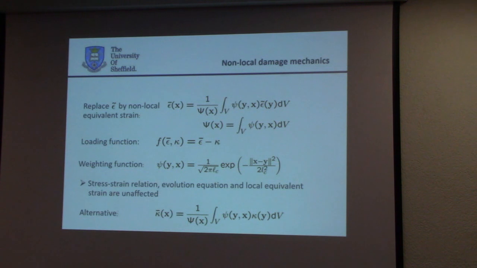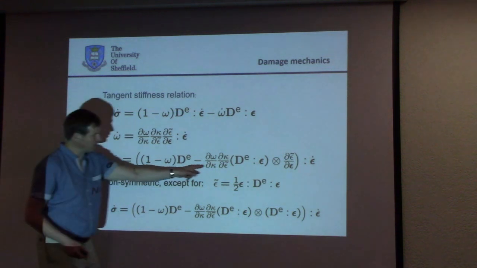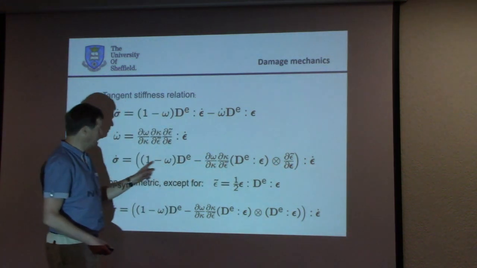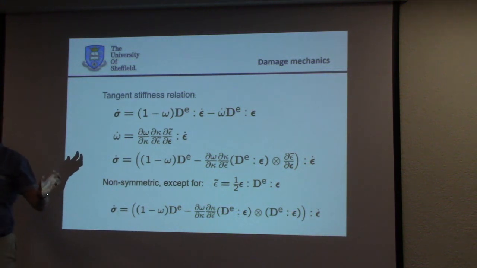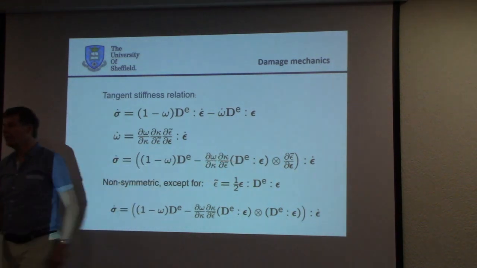Now we go to the non-simple bit, the non-local damage mechanics. And I told you that damage mechanics becomes ill-posed as soon as this expression times a normal vector times a normal vector, and then the determinant, so the acoustic tensor of this expression, vanishes.